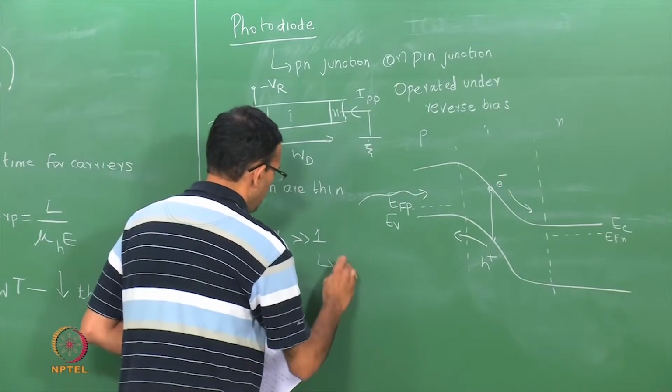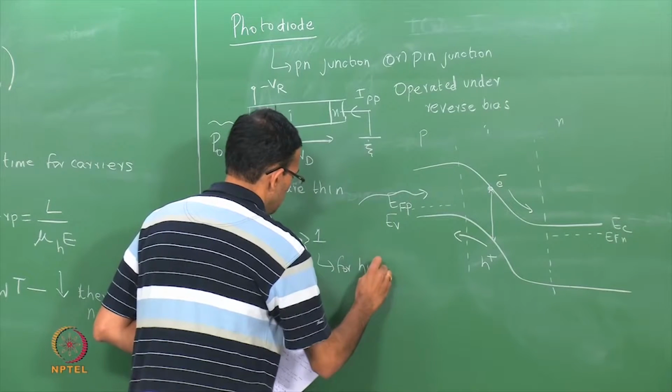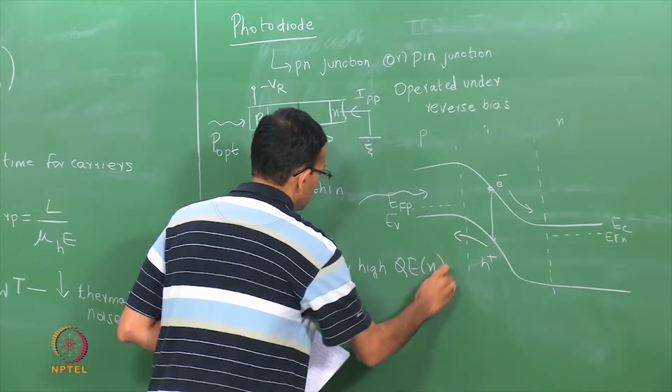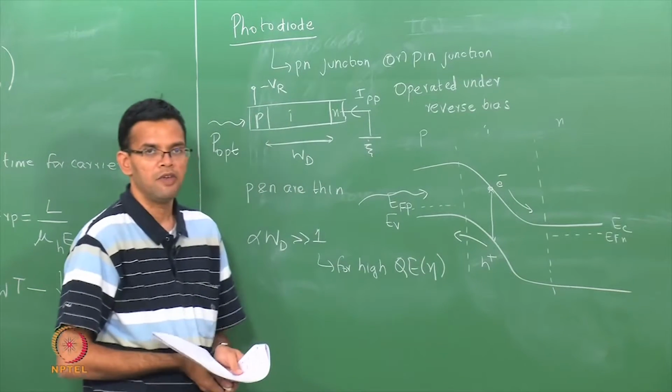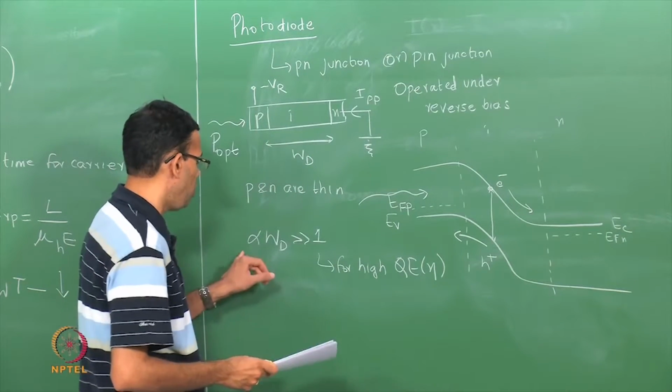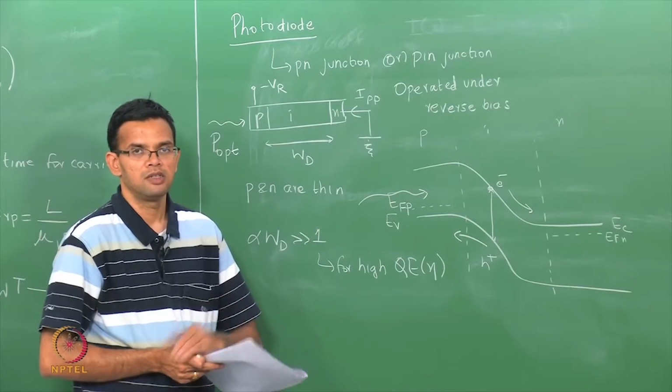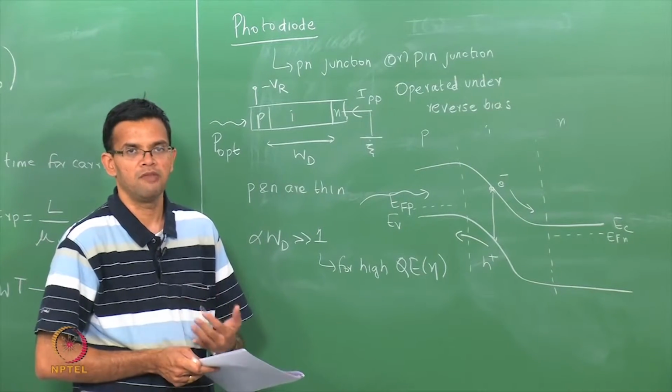So, this is for high quantum efficiency. Another way of saying that is that 1 over alpha is your penetration depth, so that we want the width of the region to be much larger than the penetration depth of the wavelength of interest.